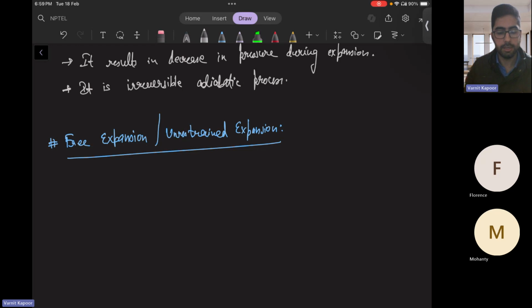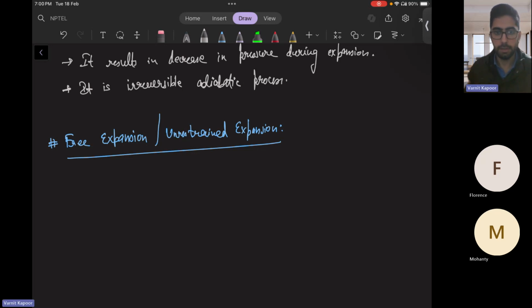It's basically an expansion in a vacuum, known as free expansion of the system, or expansion without any restriction. It's an irreversible process, and in the case of free expansion, your heat change, work change, and internal energy change are all zero.